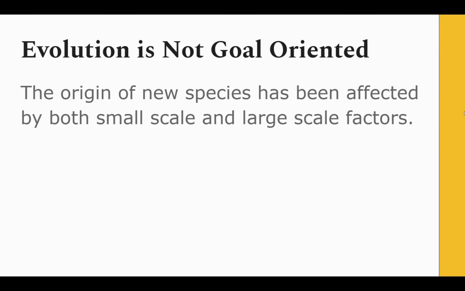Also, environments change over time. So what is good for one environment might not be good for the next environment when something small changes. That is crash course history of life on Earth.